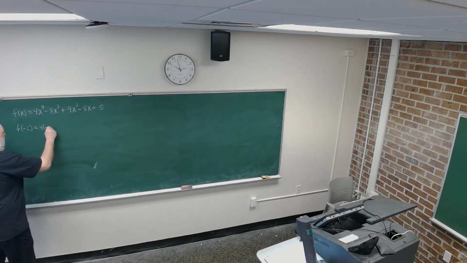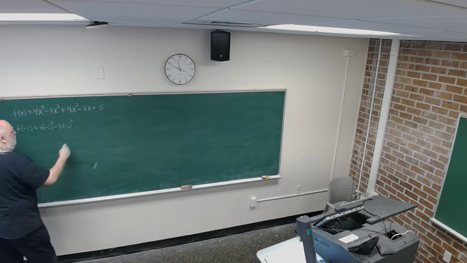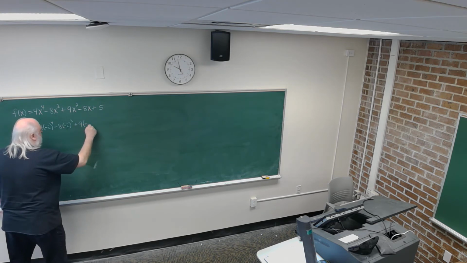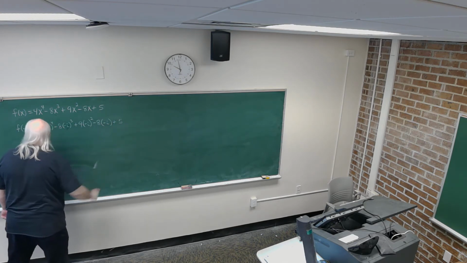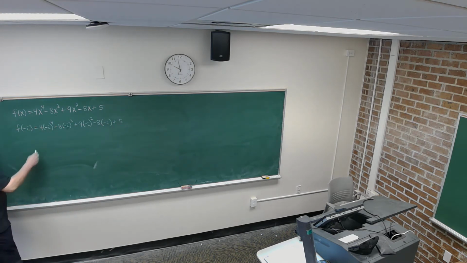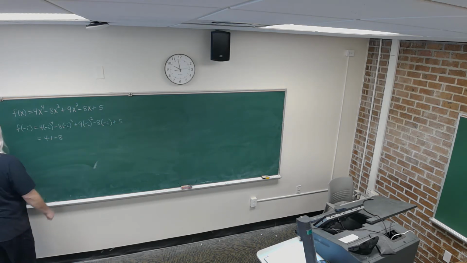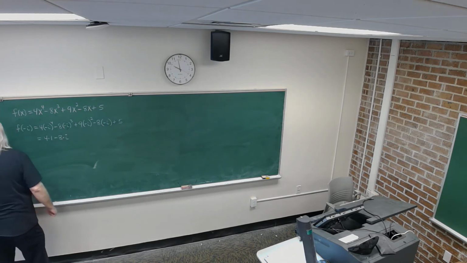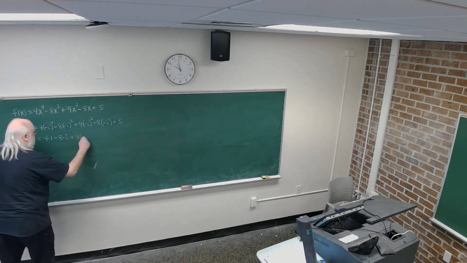So we have 4 times minus i to the fourth, minus 8 times minus i cubed, plus 9 times minus i squared, minus 8 times minus i plus 5. And now you have to simplify. Minus i to the fourth is 1, so we have 4 times 1. Minus i cubed is i, so we have minus 8 times i. And then minus i squared is -1, so we have 9 times -1.